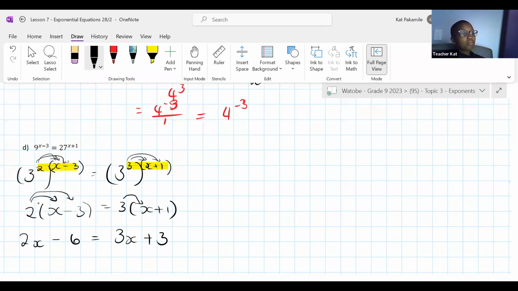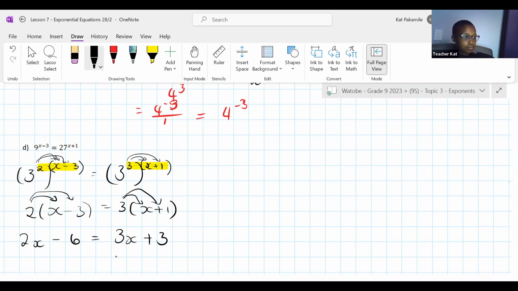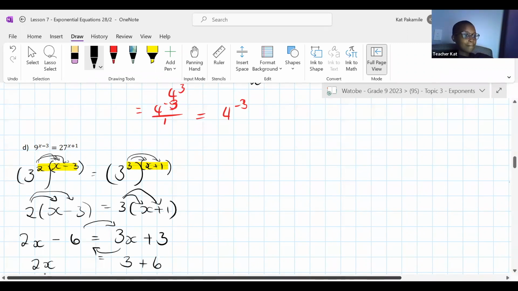Now we do the whole solving for x. I take the like terms 2x and 3x on one side, and then I'll take the minus 6 on the other side, which will turn to a plus 6. And this 3x will become what? It will become a minus 3x.